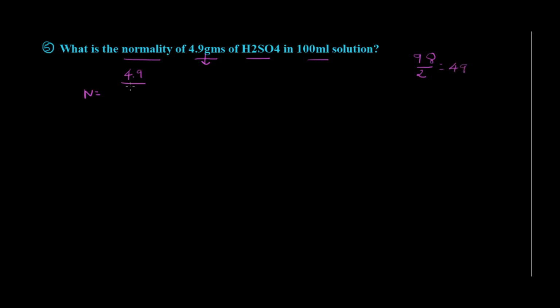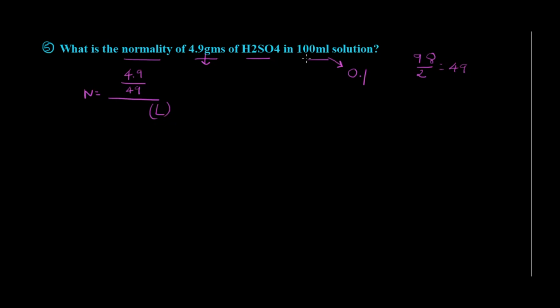So 49, divide this whole thing by the volume of a solution. Now look at this. I said volume of a solution, we are taking it in liters, right? But here in the problem it is given in ml. So I will convert this in liter and put it directly. If you put 100 ml over here, the answer would be wrong, right? So convert it in liter and put it.